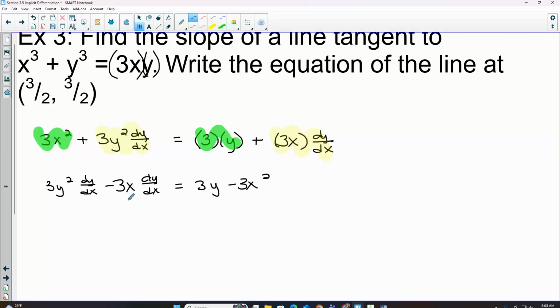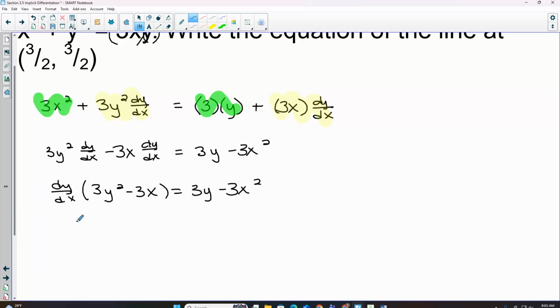And so then on the left, we could take out a dy dx. And to get dy dx by itself, you divide.